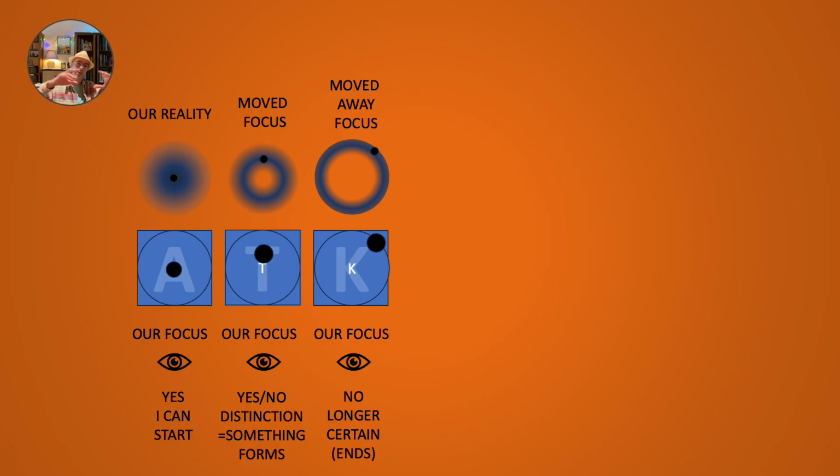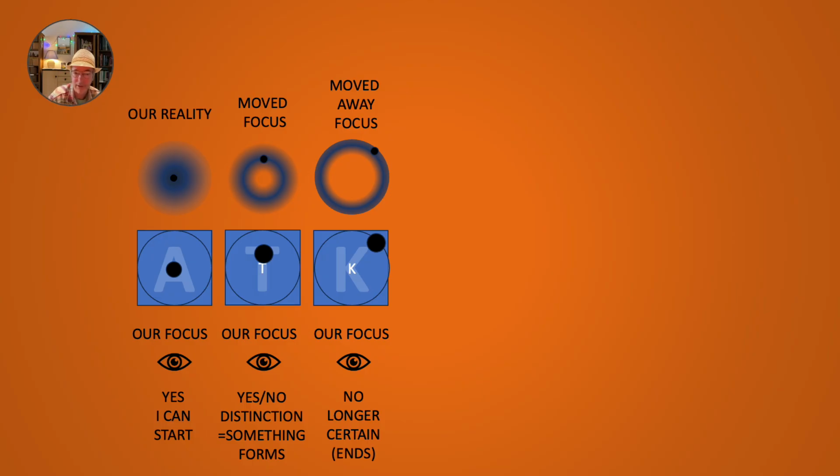When your focus is moved away from the middle focus, we're already having some doubt, like, do we still have something here within our focus? Because in the middle you almost don't see anything anymore. So the only thing you can see is the limits.